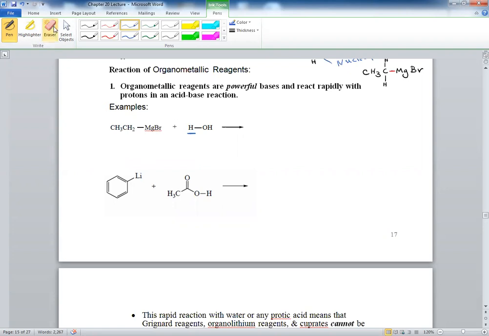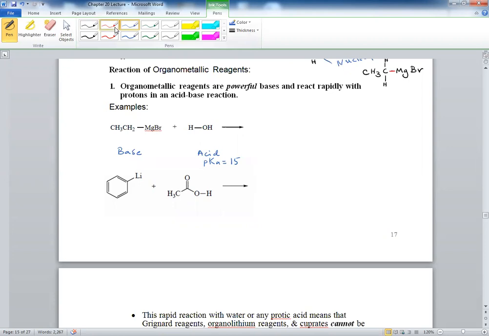In this case, your Grignard reagent is going to act as the base, and this is going to be your acid. Water has a pKa around 15, so it's weakly acidic.